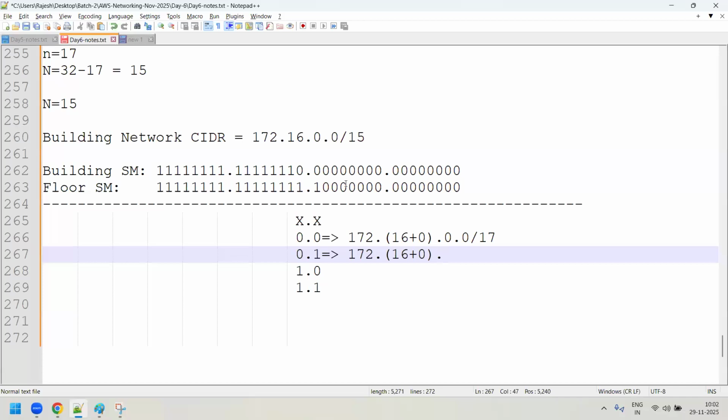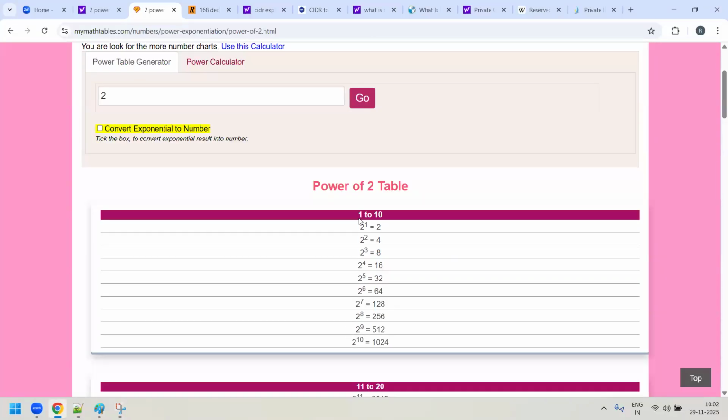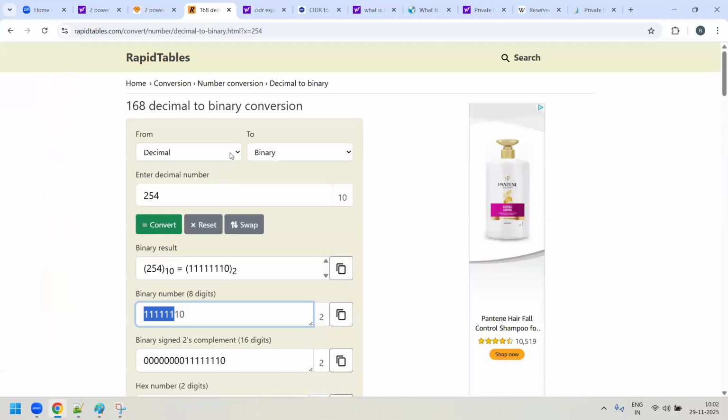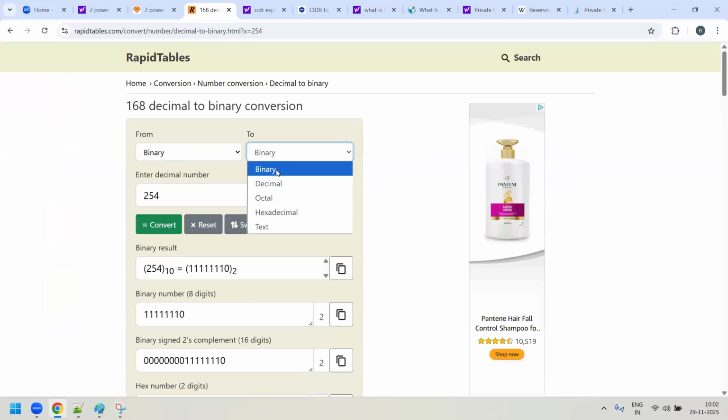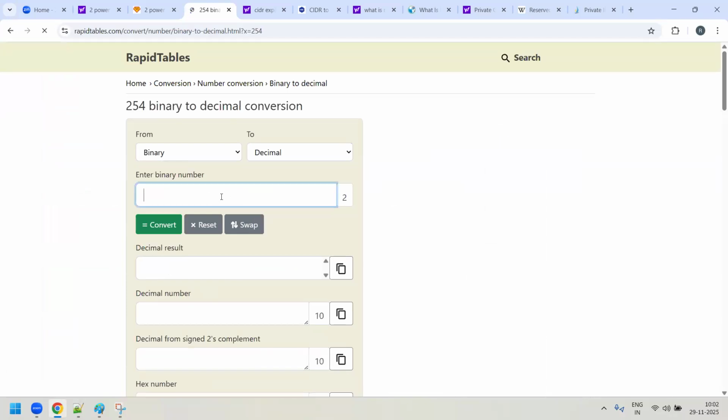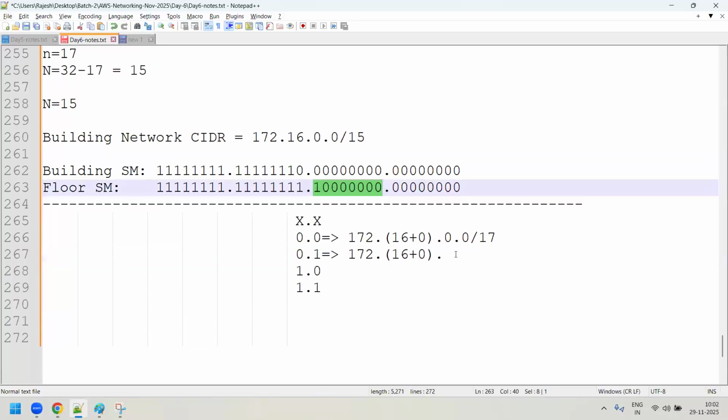If you take the whole thing like this and go from binary to decimal, you get 128. So this is 128. This is 172.16.128.0 slash 17.